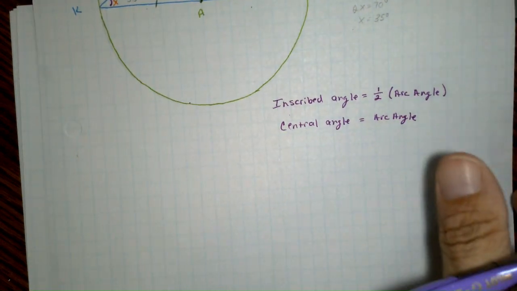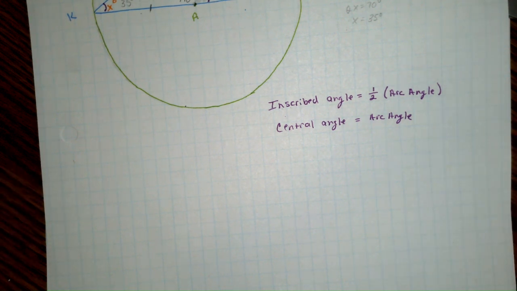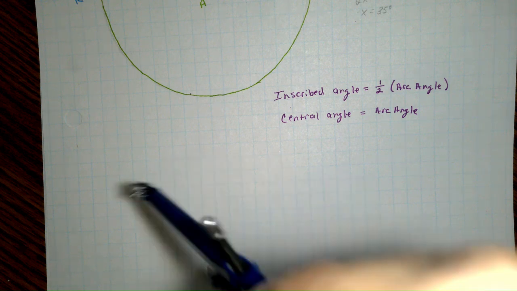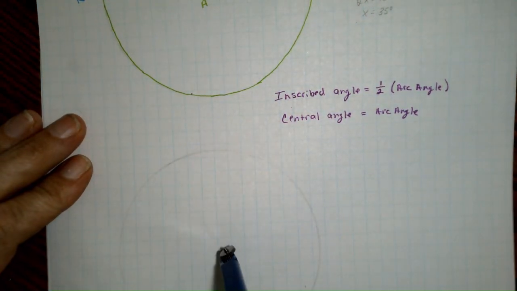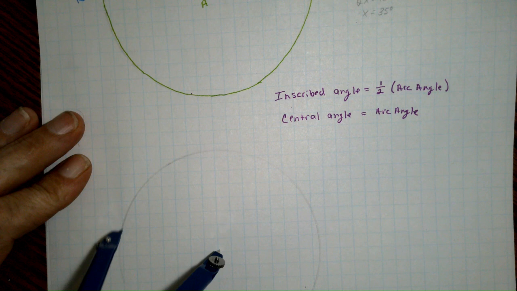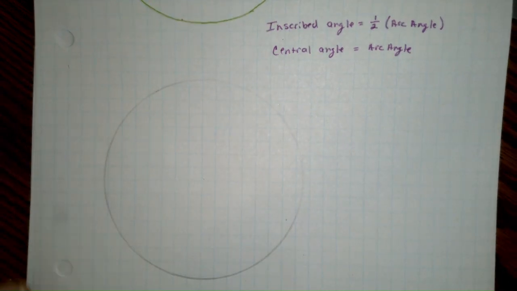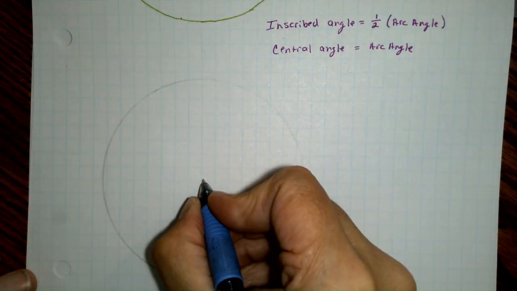What happens if, can we see the same thing otherwise? Well, let's draw another circle as soon as I find my compass. There we go. I have a circle drawn. Put my point in here for the middle.